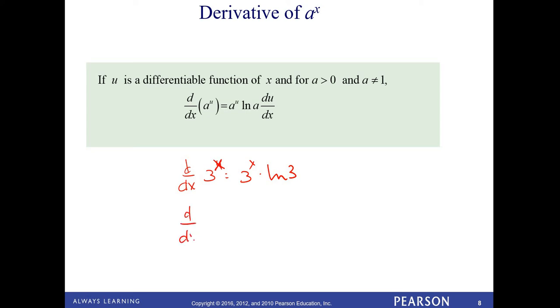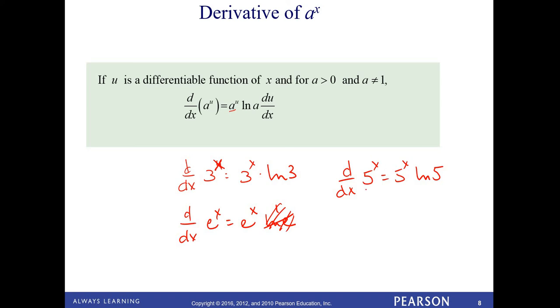So our original one, e to the x, is just e to the x. d dx of 5 to the x is 5 to the x ln 5. Why isn't this then e to the x ln e? Well, it actually is, because ln e equals 1. So we don't write it, we don't bother with it, but it's actually all the same, whether that's an e or some other number.